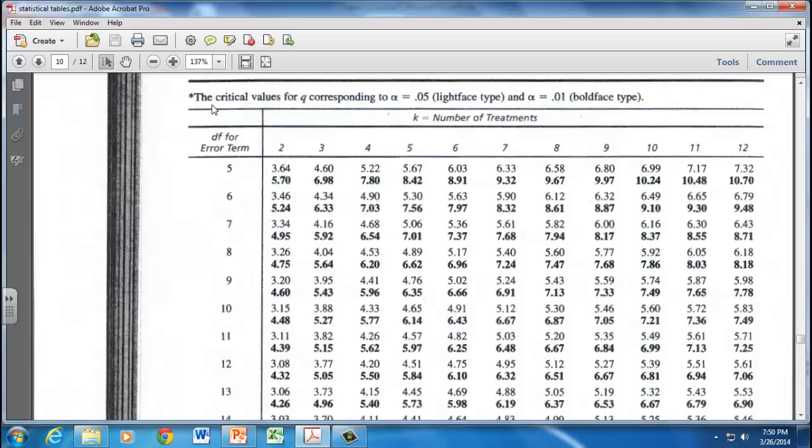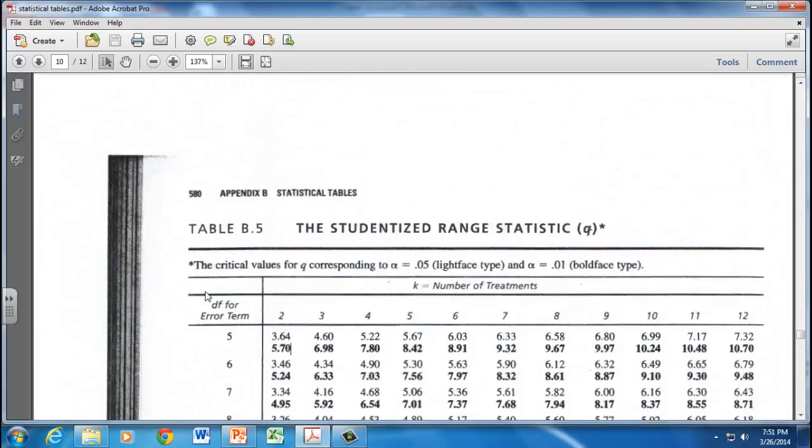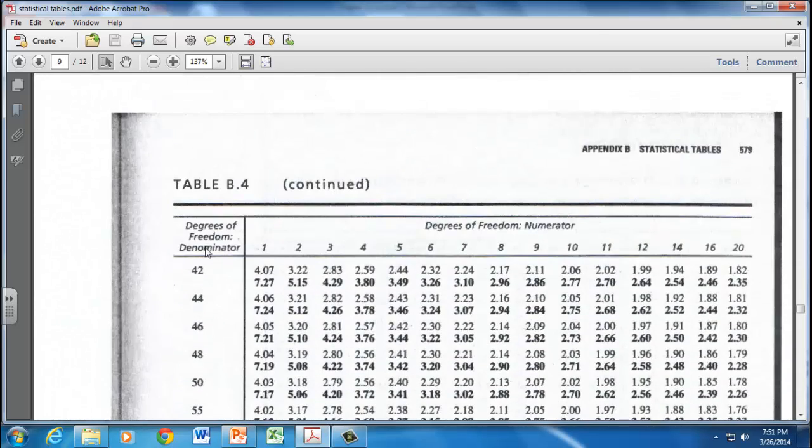So remember, the within portion of the calculation, or the denominator of the F statistic, represents the variability that's just due to error, or within groups variability. So that's why when you see degrees of freedom error, it's talking about the degrees of freedom within. And when you look at the F table and you see degrees of freedom denominator, that's also talking about the degrees of freedom within.